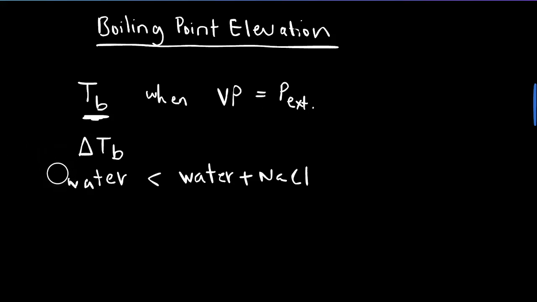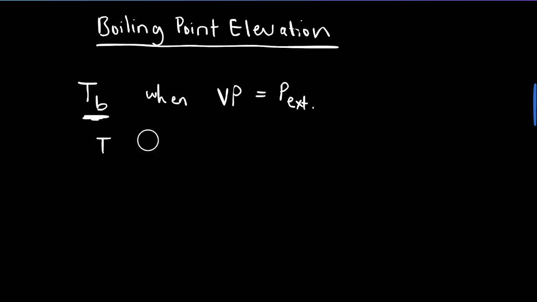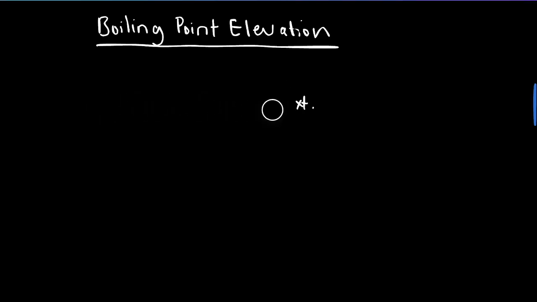And we're able to quantify exactly by how much our boiling point is going to increase using a handy little formula where we can see this change in boiling point is going to be equal to Kb times m times i. And so, what are each of these variables? Well, delta T sub B is the amount by which the boiling point increases.